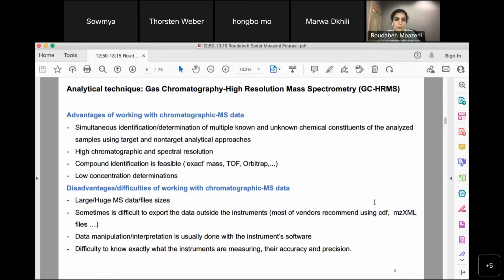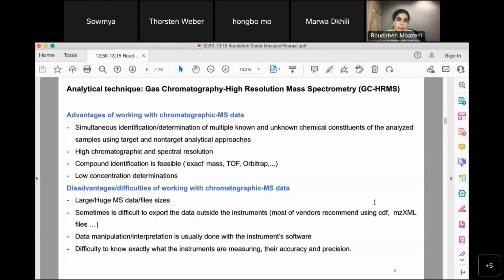There are many advantages of chromatographic mass spectrometry data. The main advantage is that we can simultaneously identify and determine multiple known and unknown chemical compounds, even at a trace level.